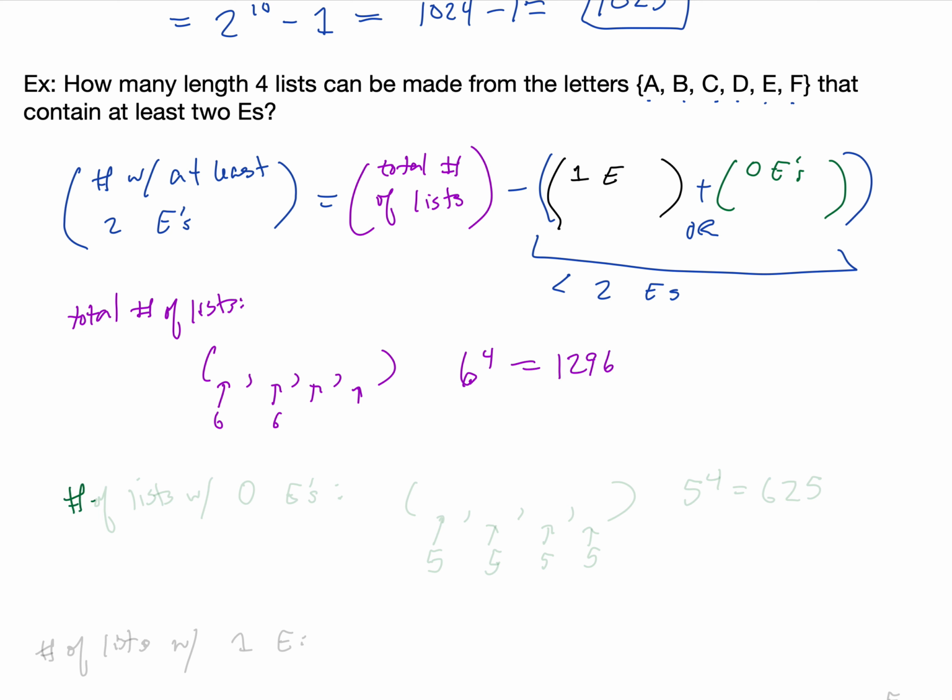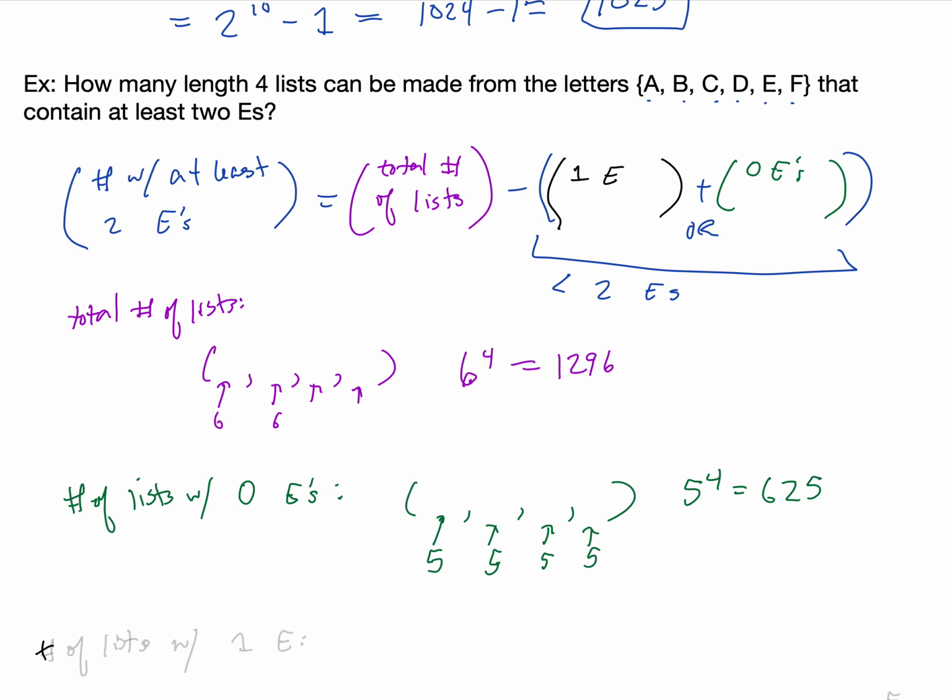The number of lists with, let's do 0 E's first because that's a bit easier. Well, now again, we've got a list of length 4, and how many possibilities do we have for each entry of the list? Well, it can be anything but E in each entry. So 5, 5, 5, 5. The total number of lists with no E's is 5 to the 4th, which is 625.